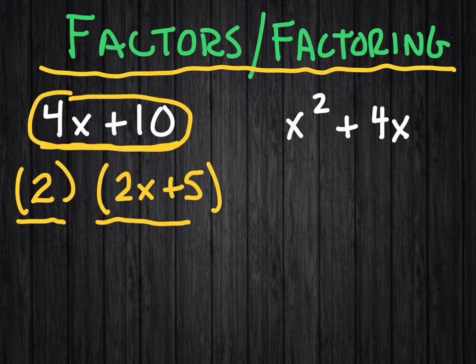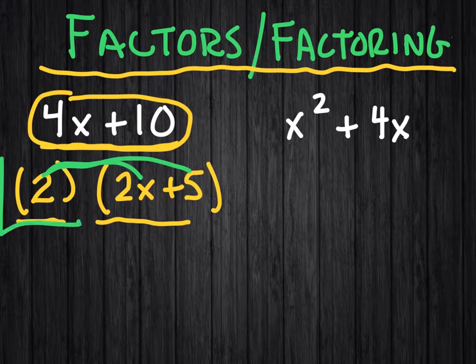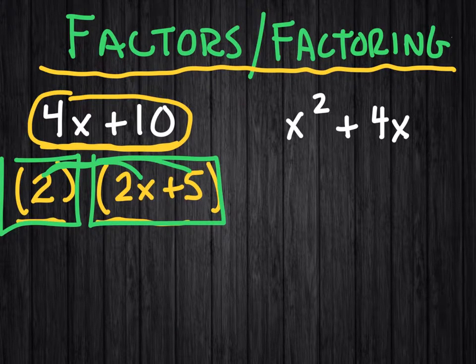Hey, this works nicely because 4x plus 10. So one factor would be 2 and another factor would be 2x plus 5. Those would be two things that if you multiplied them together, you would obtain 4x plus 10.